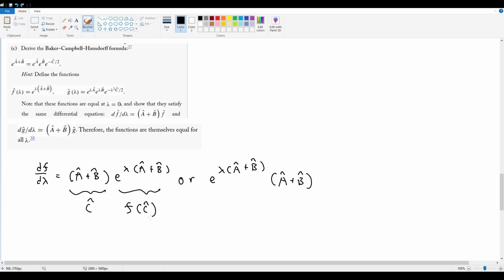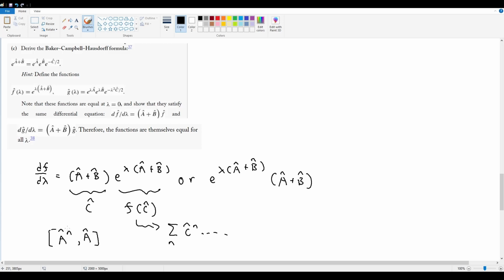And the reason why is because any operator can always be expanded into a power series, right? This can always be expanded into like some summation indexed by n of c hat to the power of n with some other coefficients at the front of it. And because of that, any commutator of an operator with a function of that operator is always going to devolve to something in the format of a hat to the power of n commuting with a hat itself.